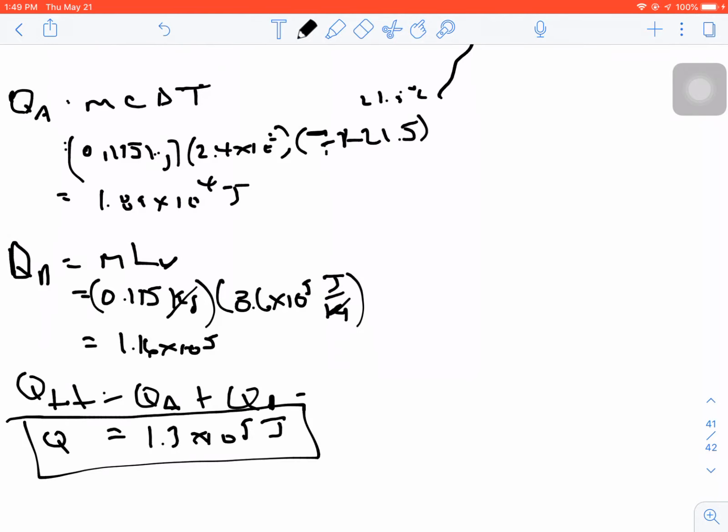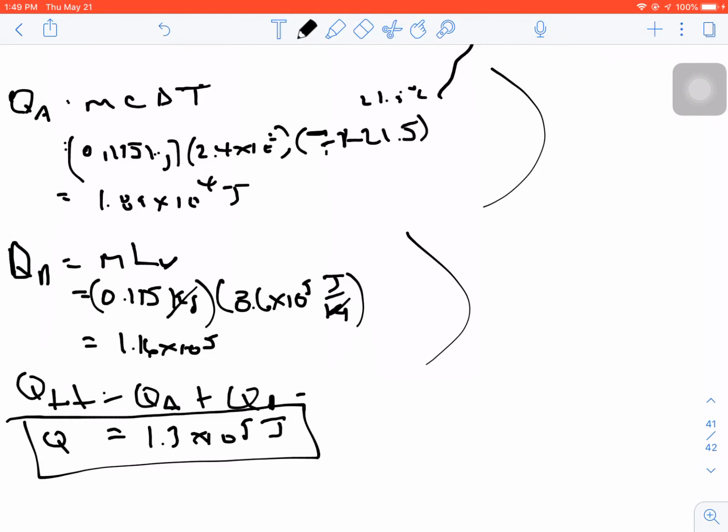Okay, so we're still using mc delta T here, but now we're adding our new formula with specific latent heats of vaporization and fusion to calculate my Q values for my question.